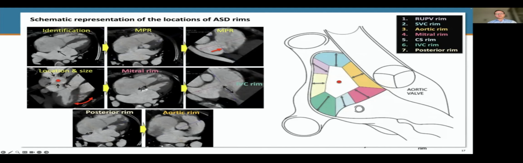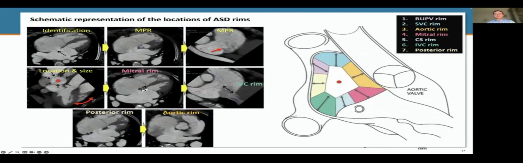Then, looking at the third plane, we have the ASD in front of us, so we can size it, describe its location, and determine its size. Going back to the other planes, we can rotate the crosshair around the center and look at the other planes and measure the rims as needed.